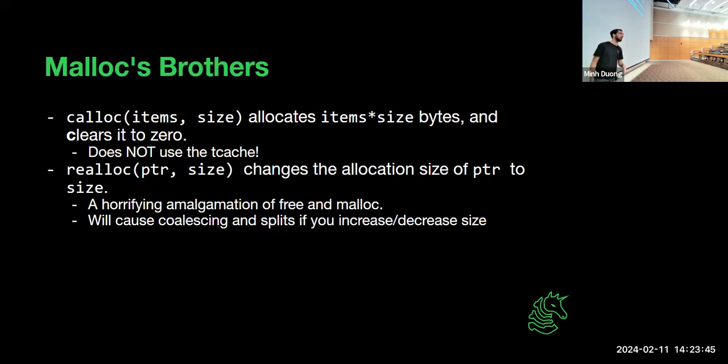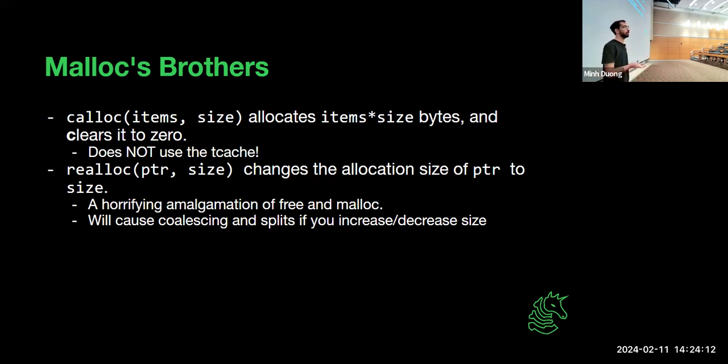And then we have realloc, which is an even more horrifying function because it will do malloc and free under the hood. You give it a chunk pointer and a new size, and it will reallocate the chunk to a bigger size. So if you don't change the size that much, it might just return the same pointer. If it can coalesce an adjacent block, it again might return the same pointer.